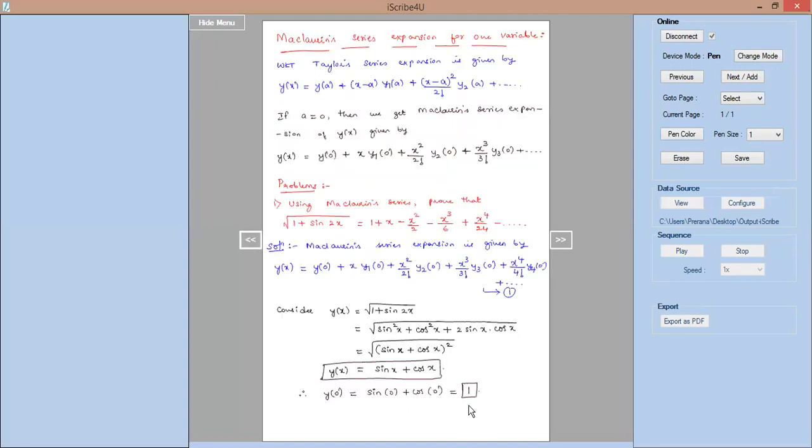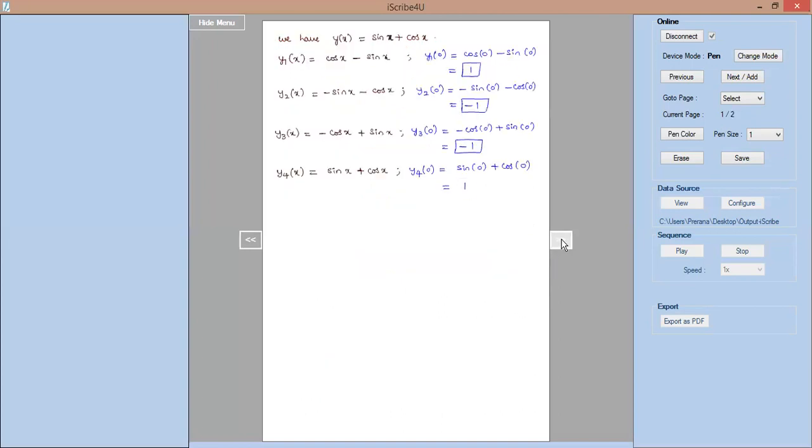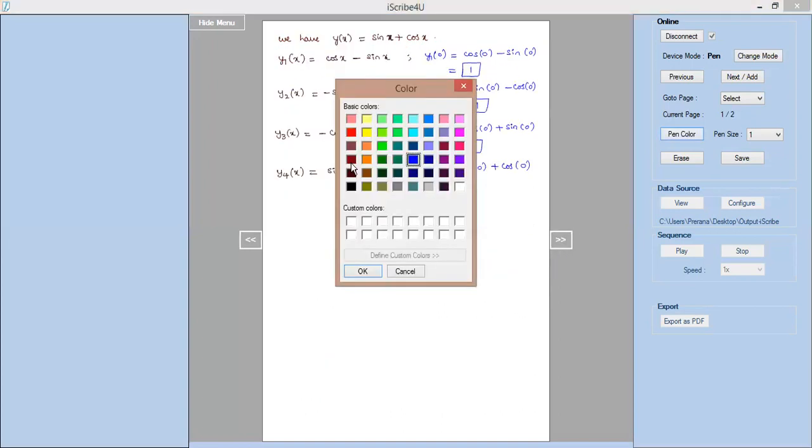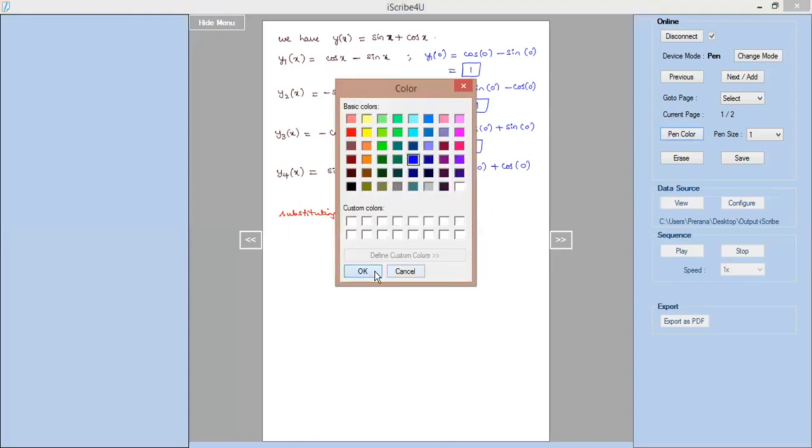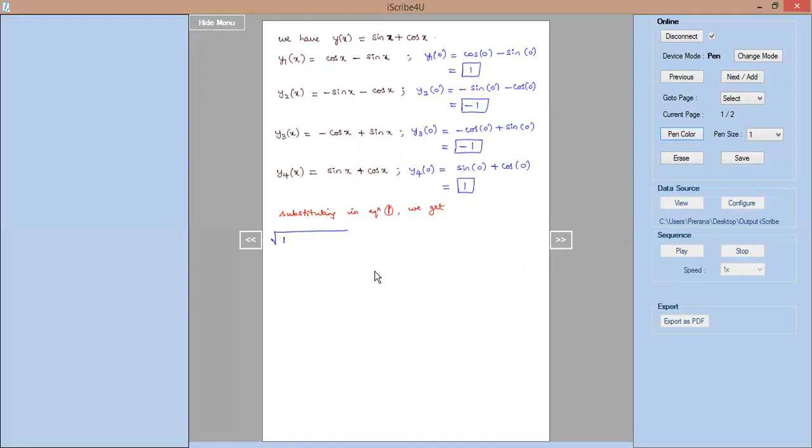Just for convenience, I've blocked all the answers. So we need to substitute all these answers into equation 1, where we have written the Maclaurin series expansion formula. Left hand side, I will substitute for y of x as square root of 1 plus sine 2x.